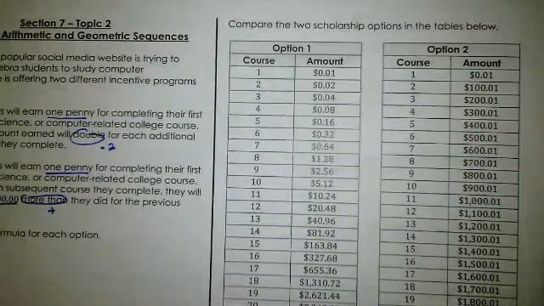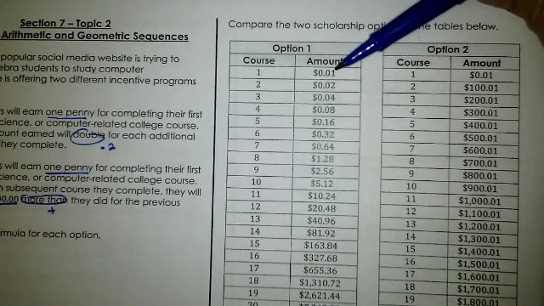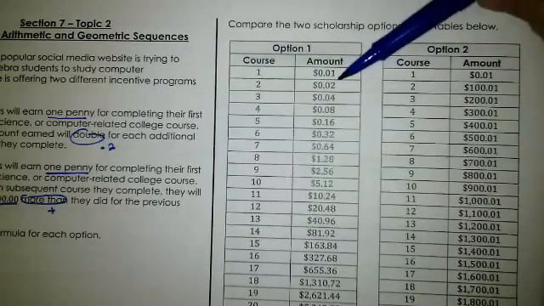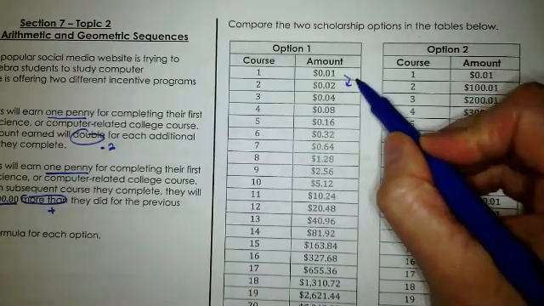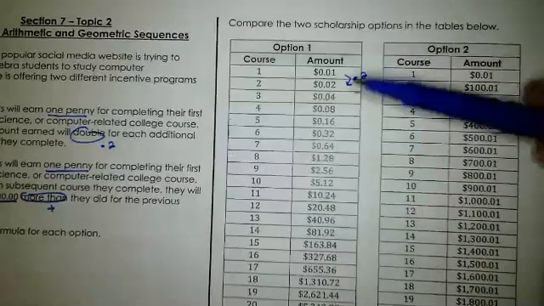So here's an overview of what's happening in each scenario. In option 1, they complete course 1, they get a penny. Complete 2 courses, 2 pennies. So every time we go up by 1 course, we're doubling. 3 courses, 4 pennies, 4 courses, 8 pennies.